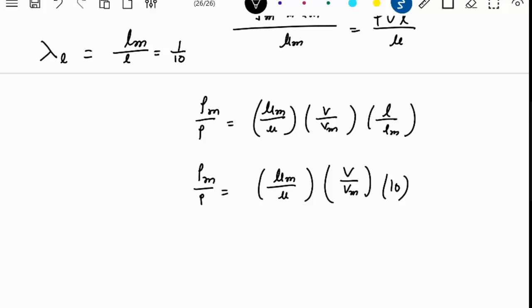So you see, now we cannot use the same fluid, because this ratio V by Vm is also given. If you're using the same fluid, this equality will not be satisfied because Vm by V is given. So you have to use a different kind of fluid, or you have to use a pressurized tunnel.